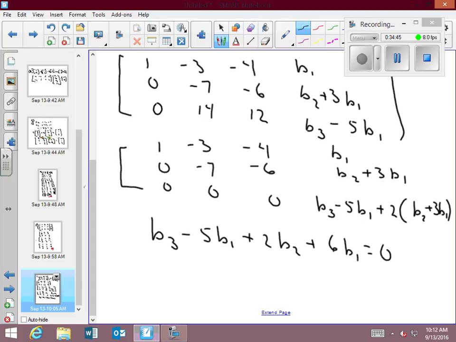So I simplify this as b3 plus b1, 2b2. So it's a vector going through the origin with b3 plus b1 plus 2b2.